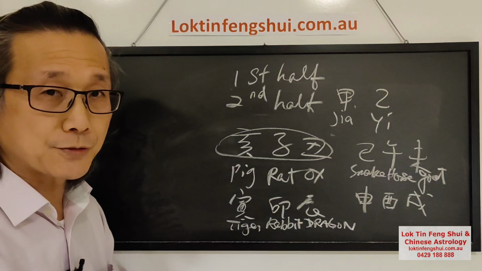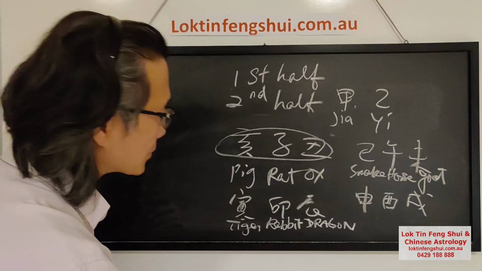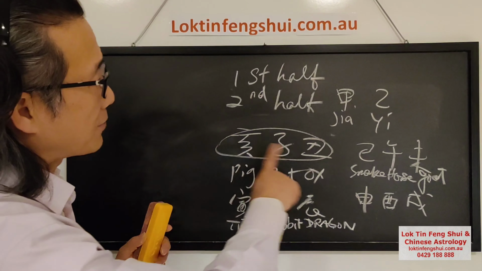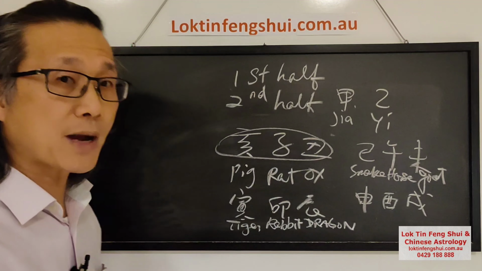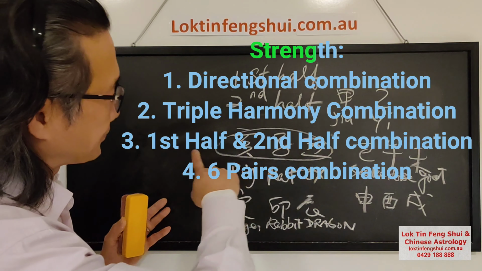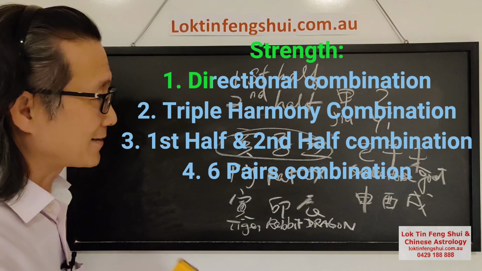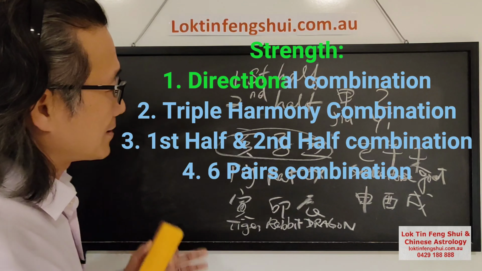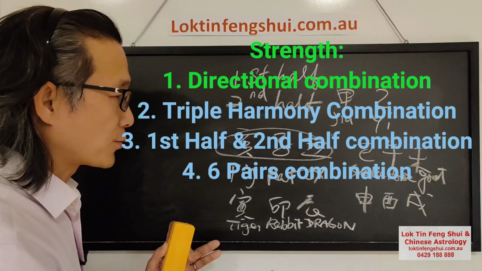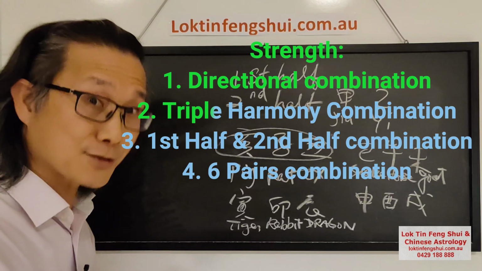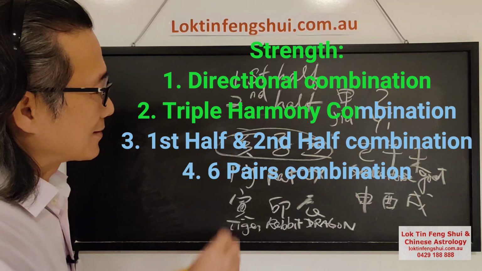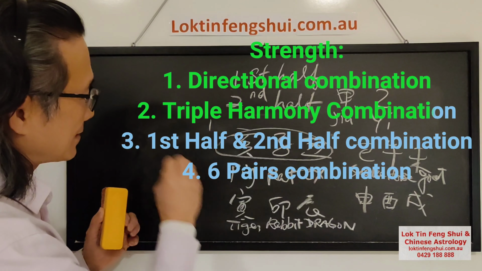In terms of strength, the directional is the most powerful one. If you can see a directional bonding and they are transformed, let's say pig, rat and ox into water, then this chart has a lot of water in there. That's the most powerful one.